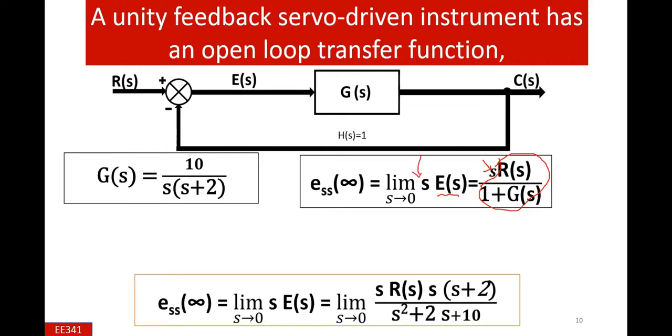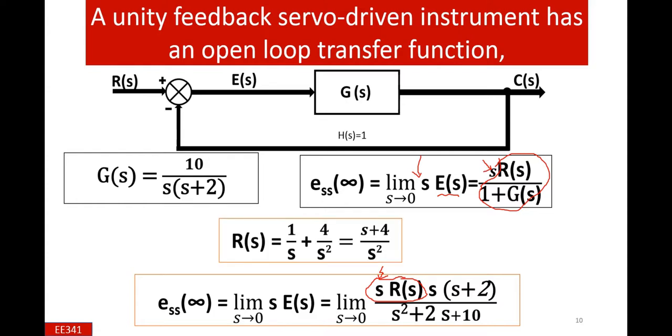If we substitute these values of the open loop transfer function, then we have the steady state error in terms of the input. This s times s plus 2 is the open loop transfer function denominator, and the denominator term of the steady state error is equal to s square plus 2s plus 10, and the input is 1 plus 4t.